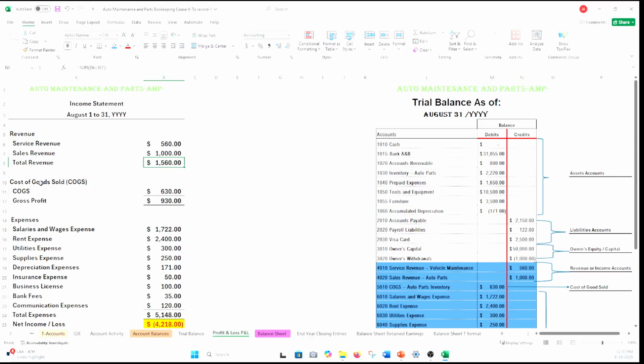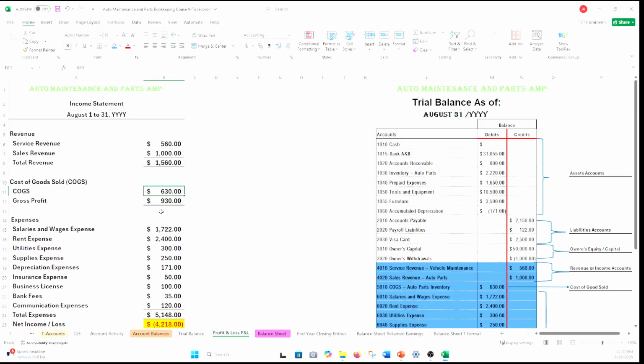After that, we have to reflect the cost of goods sold. In this case, we have just one category because that's the way that we set up the exercise. It could be other types of accounts that are direct costs, but for this exercise, we just put the parts only, not the labor.